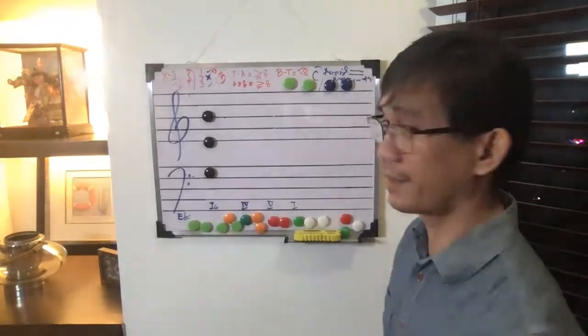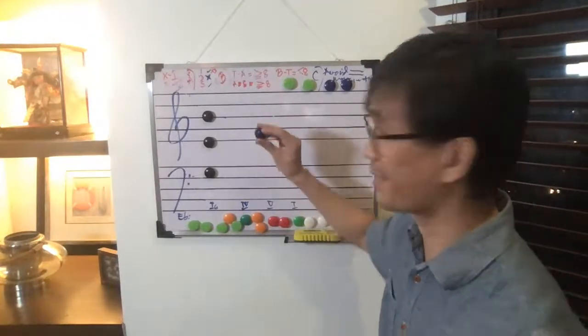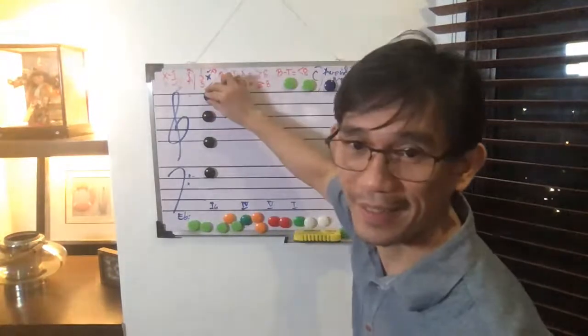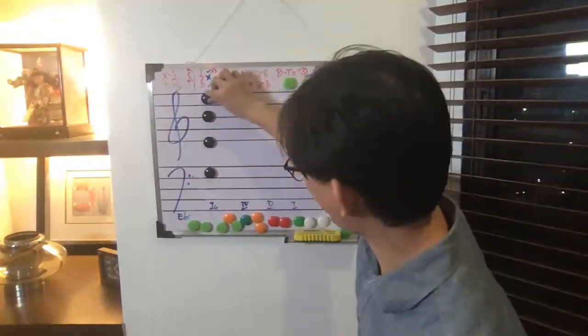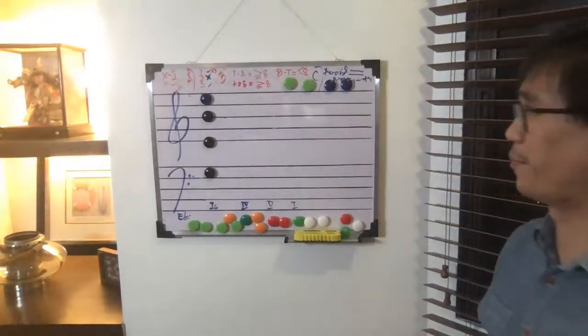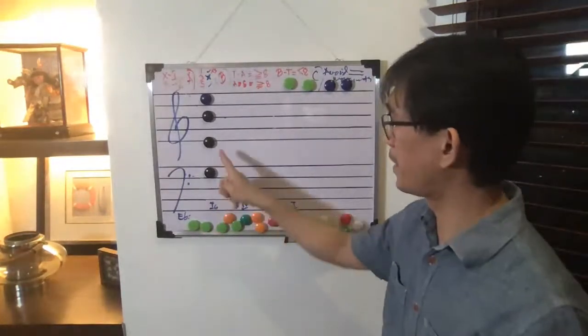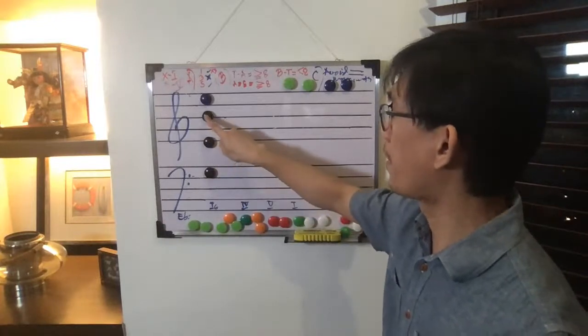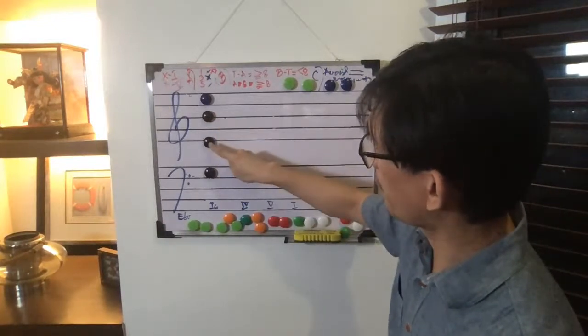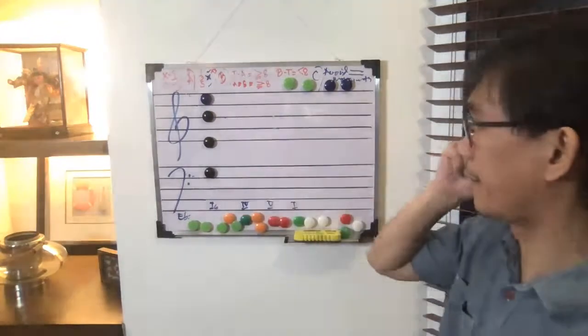Let's double the tonic. Yes, there you got it. There. So now that's the given. So 1, 3, 5. We double the 1.